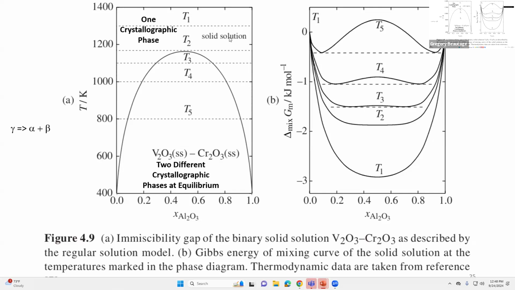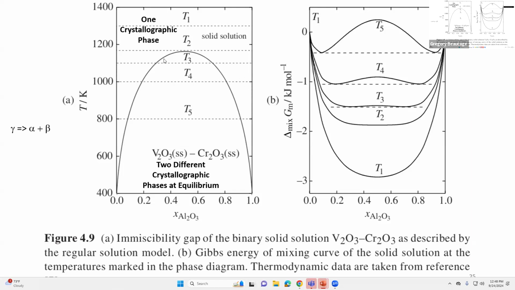So this is a solid solution. The alumina is randomly arranged in the crystal of whatever it is. The two things are just mixed, like copper and silver. They would mix in FCC, and if they're in a solid solution, they're just randomly mixed. You can't tell which one's where.